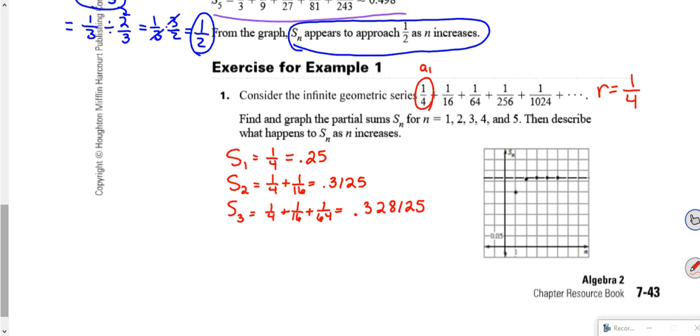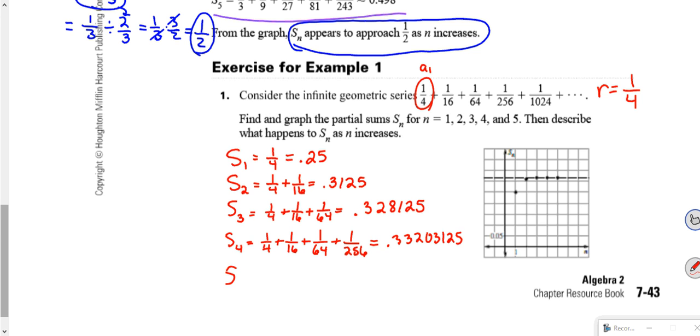The sum of the first four terms, 1/4 plus 1/16 plus 1/64 plus 1/256 equals 0.33203125. I literally poked these in my calculator and I didn't even round.